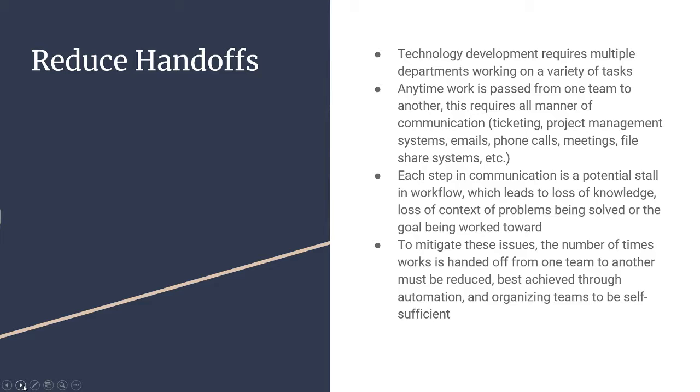Each step in communication is a potential stall in workflow, which leads to loss of knowledge, loss of context, or of the problems being solved or the goal being worked toward. To mitigate these issues, the number of times work is handed off from one team to another must be reduced, best achieved through automation and organizing teams to be self-sufficient.